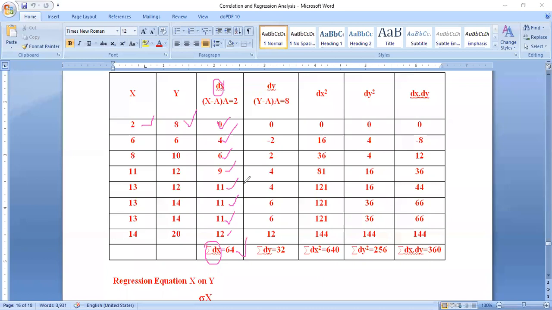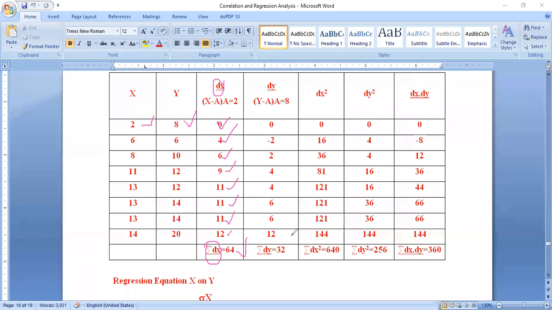After getting these values, sigma dy is equal to 32. Then dx square and dy square: simply obtain the squares. Finally, sigma dx square is equal to 640 and sigma dy square is equal to 256.